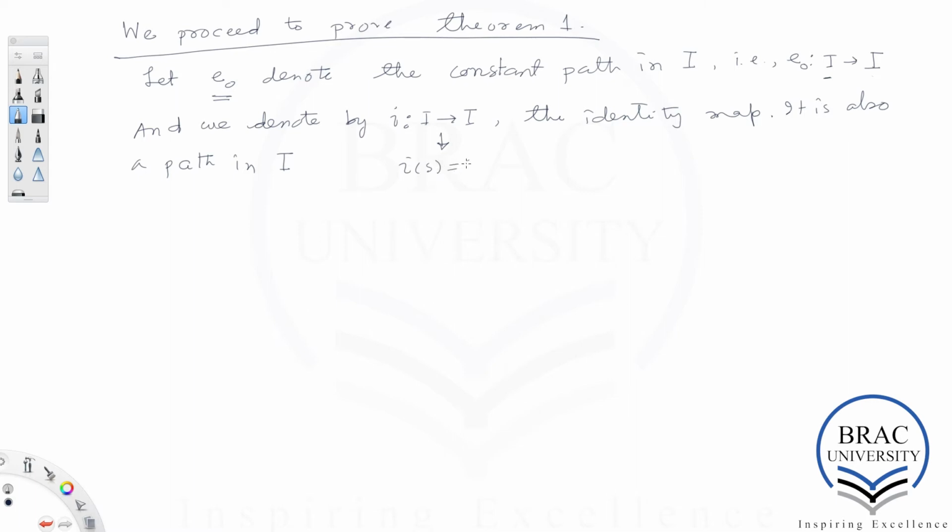I of S is equal to S for all S in I. And how is this a path in I? You see that I of 0 is equal to 0, since I of S is equal to S, and I of 1 is equal to 1. Therefore, I is a path in I, big I, from 0 to 1.